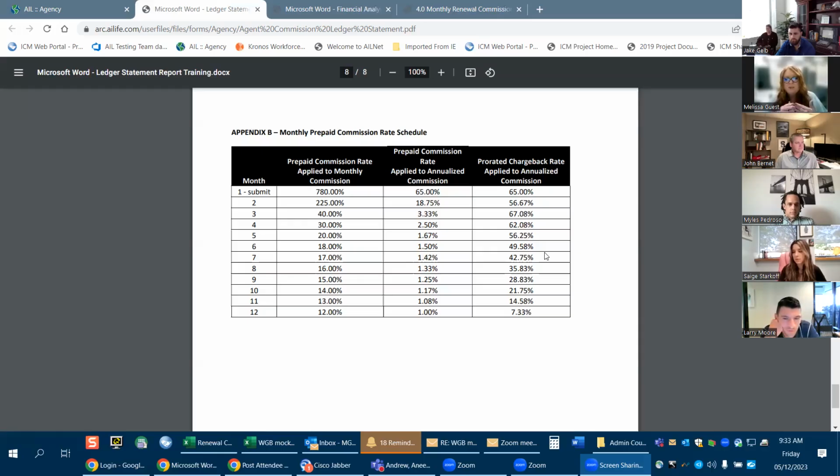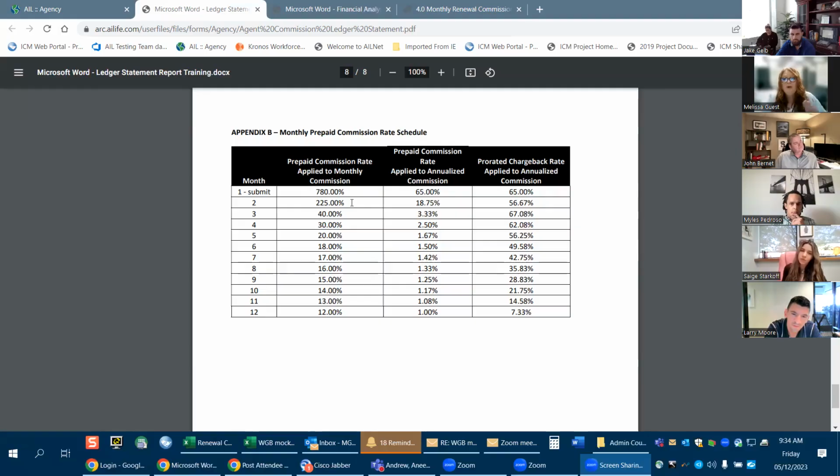So when the policy is issued and delivered and it's premium paying and in force, in month 2, we are going to credit 225% of the monthly commission to the agent's ledger balance. So they're getting 225% of their regular commission credited to them.